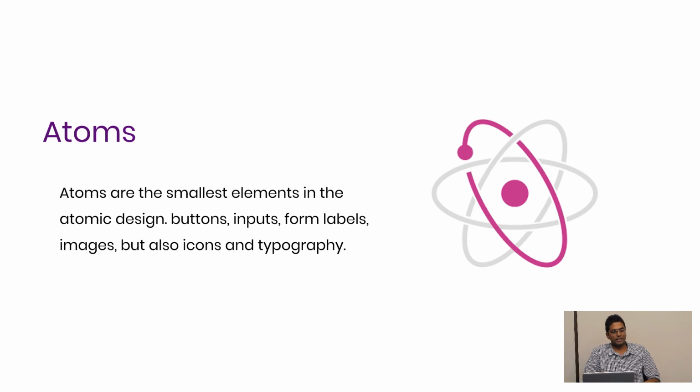In order to understand the design method, we need to understand how we start with our basic elements. Basic elements are shown as atoms. This is the smallest element in the design. So, a wild guess: in a mobile application, we have inputs, buttons, labels, images, icons, typography, and everything falls into atoms.